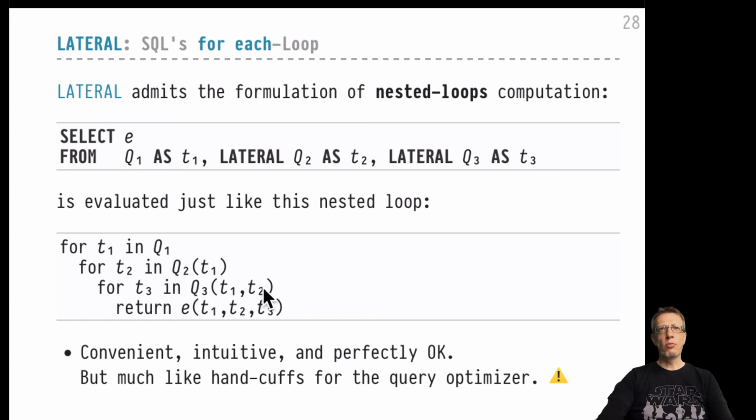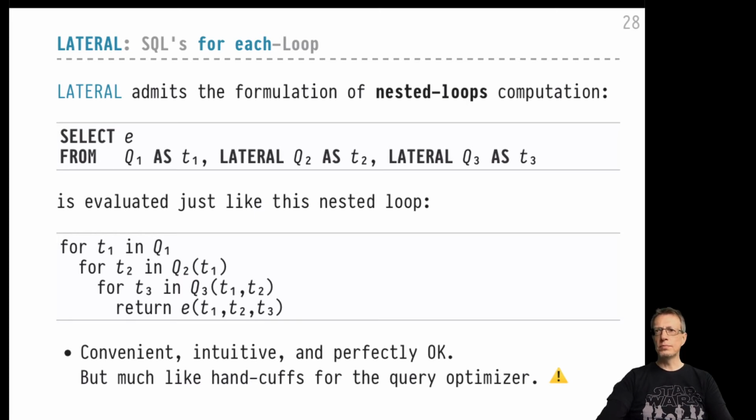Rearrangements of Q3 and Q2 or Q1 and Q2, changing the order here, would now be impossible for the query optimizer. Lateral forces the evaluation order, and it might be a suboptimal evaluation order that the system could optimize if you would remove the lateral keyword. Of course, then row scoping restrictions come into play again.